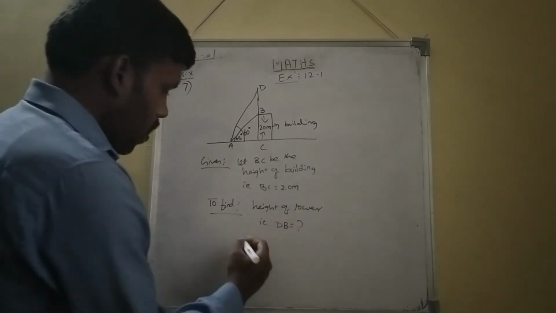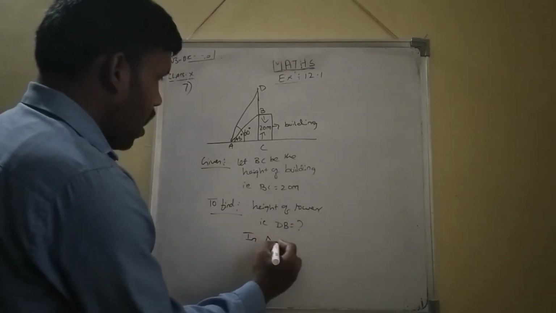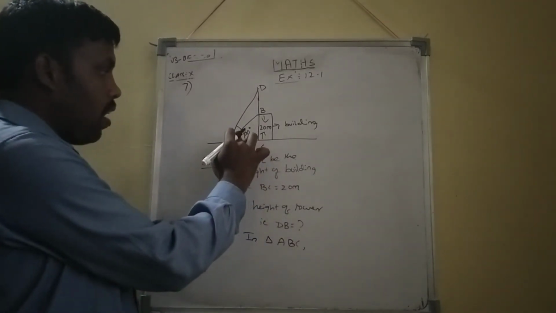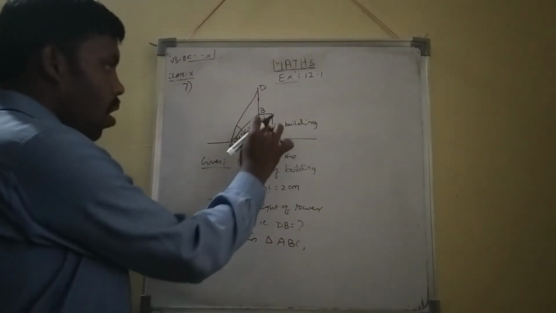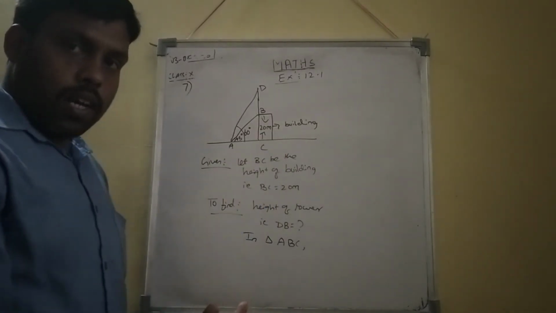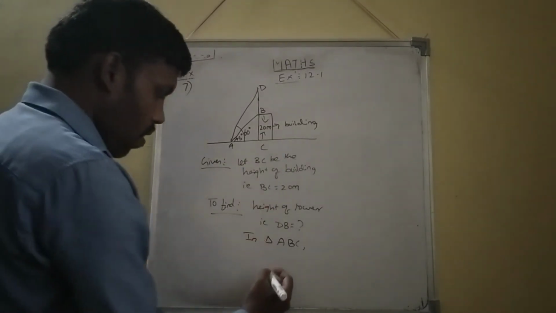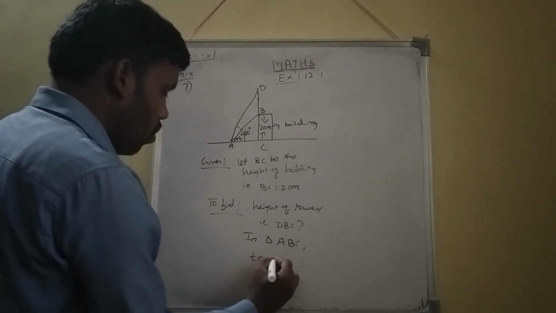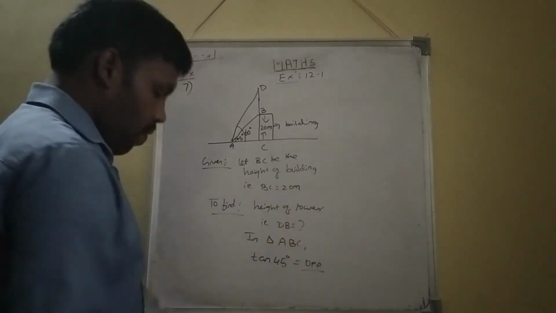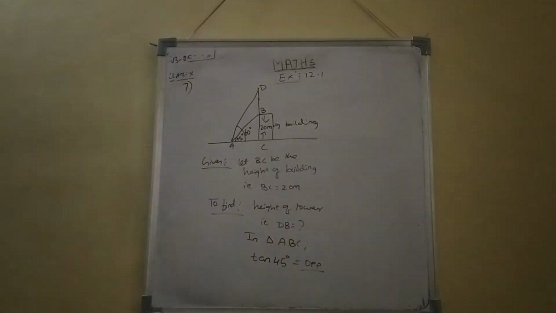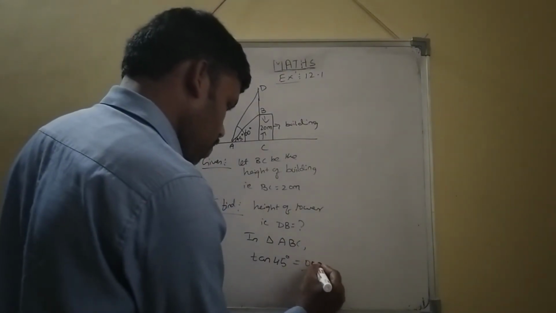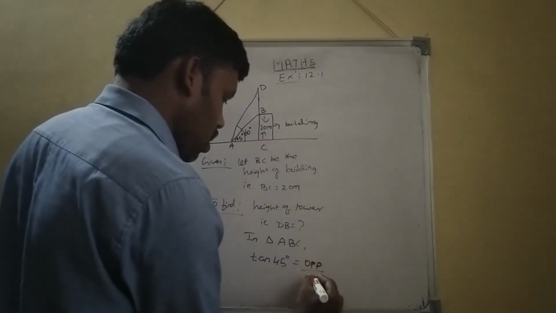So in triangle ABC, the angle is 45 degrees. BC is opposite and AC is adjacent, so with opposite and adjacent we take tan. So tan 45 degrees is equal to opposite divided by adjacent.